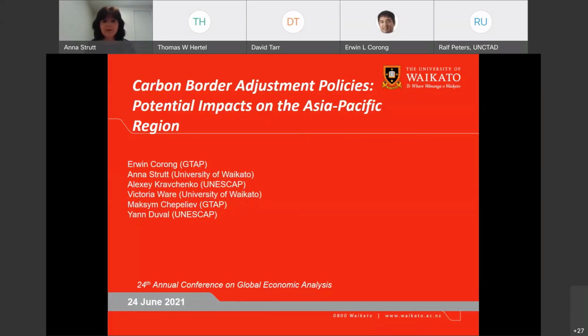A couple of my UNESCAP colleagues, Alex Kravchenko and Jan Duval, are also co-authors, as well as Victoria, who's one of our Waikato University students but also a UNESCAP intern at the moment. So quite a team effort. This work is at a relatively early stage, so it's going to be great to get any feedback that you have, and Maxine and Erwin will be able to help with detailed modelling questions if there are some.